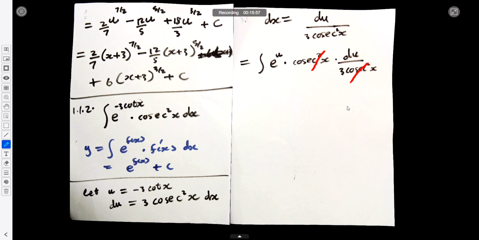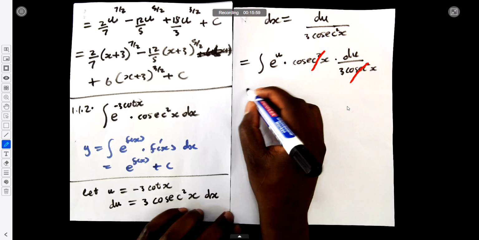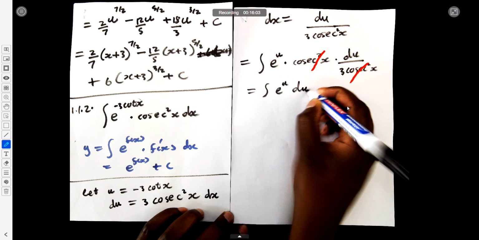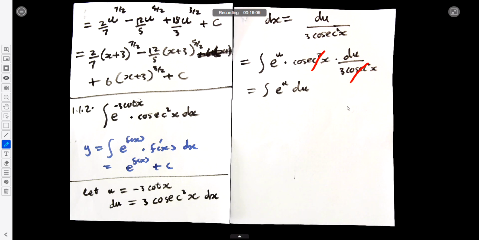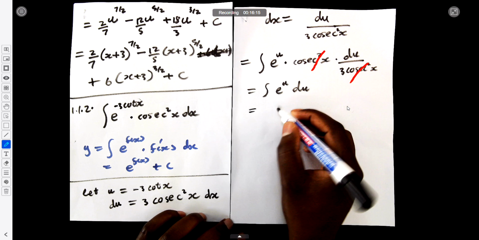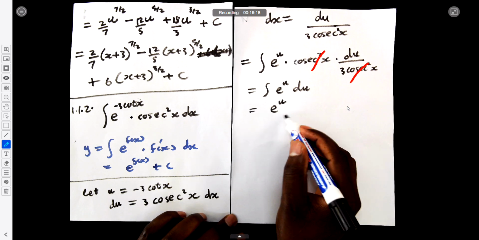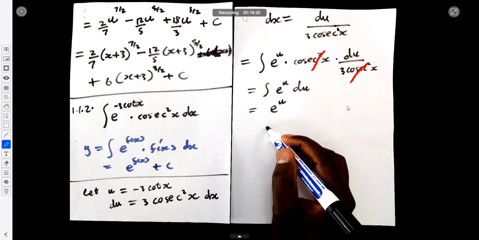So we've divided cosec squared by cosec squared, therefore we have e to the power of u du. So I have to integrate the exponential function in terms of u. It's like e to the power of x in terms of dx. So we know it's going to be e to the power of u. We're supposed to divide by the derivative of the exponent in terms of u, which is 1, and ln e, which is 1.